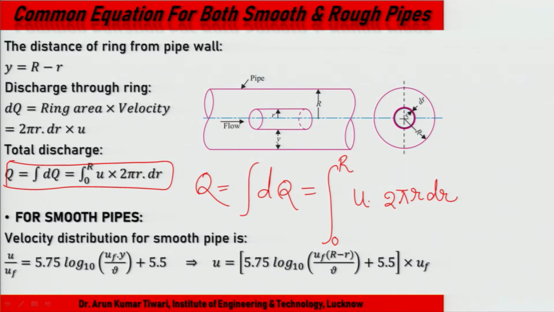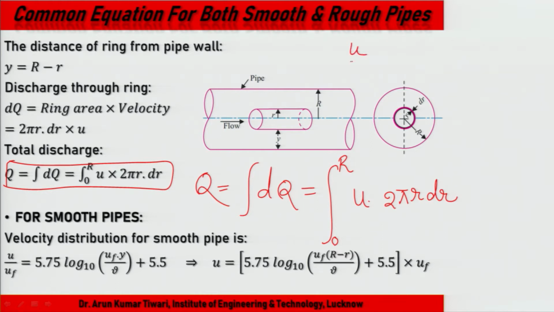Because the ultimate objective is to calculate the velocity profile of smooth as well as rough pipes, let us see the profile for the smooth pipe. What is the velocity distribution?